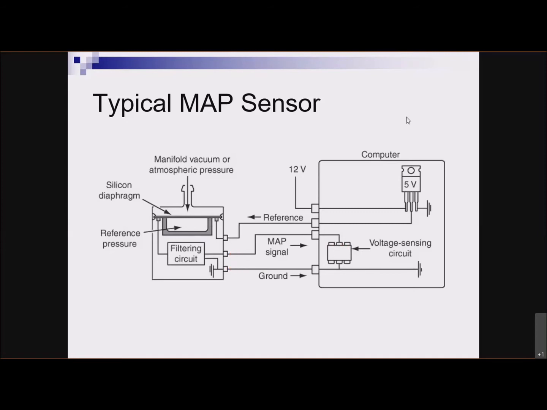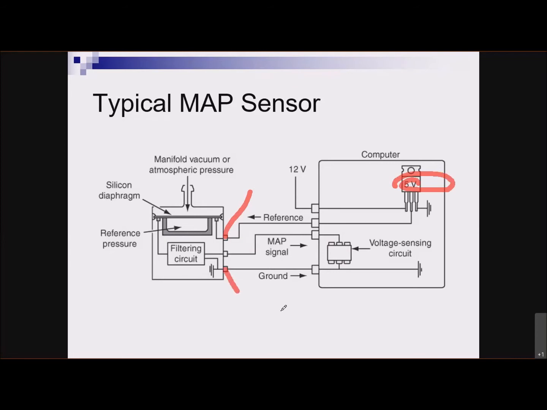Typically, what they'll have you do, right, they'll have you come out and check the voltage here, right? What do I expect to see there? I unplug the sensor, right? The end of this wire hanging out in the open, I expect to see 5 volts, all right? I come here and I check, I expect to see a good ground.